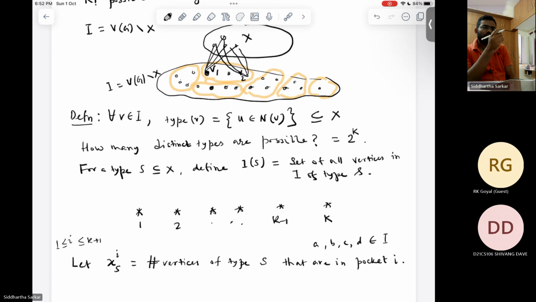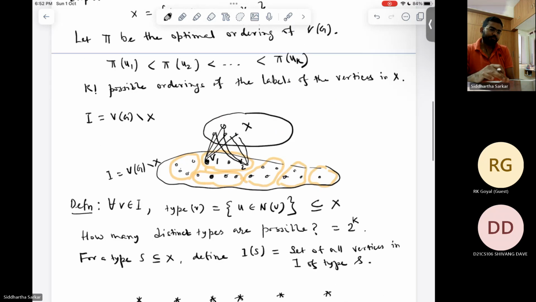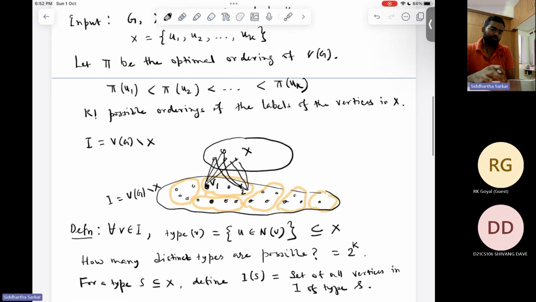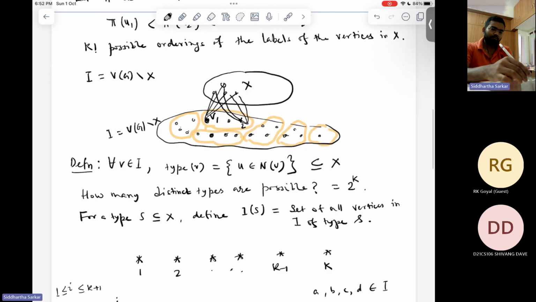So what are the types? Let's recapitulate. For every vertex in the independent set, we have defined its type. So all these vertices in the independent set have types.